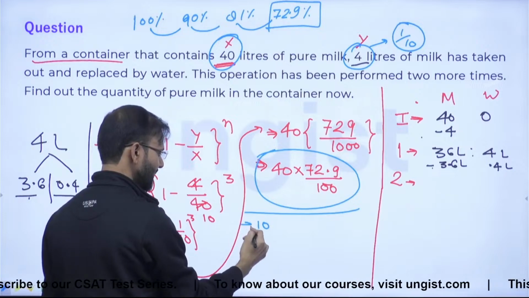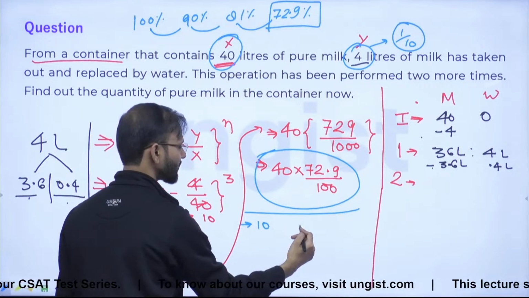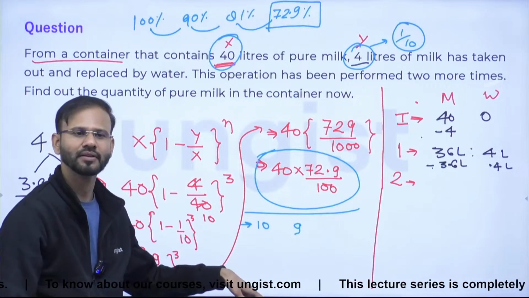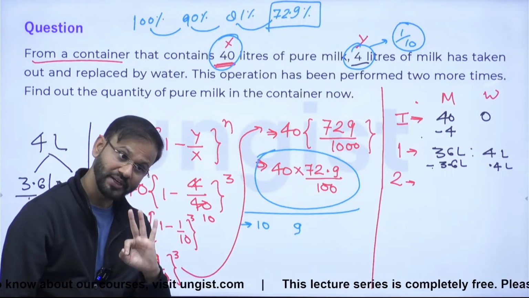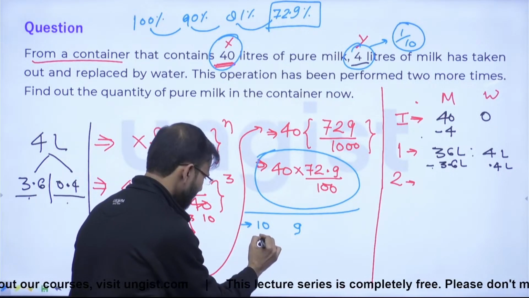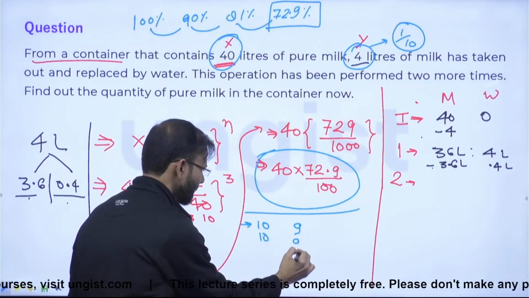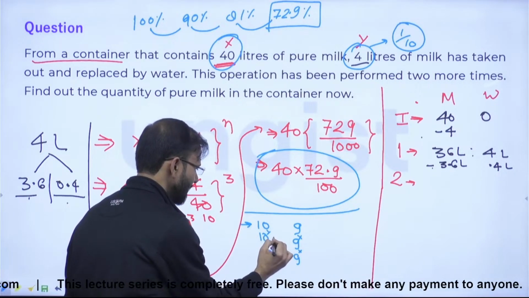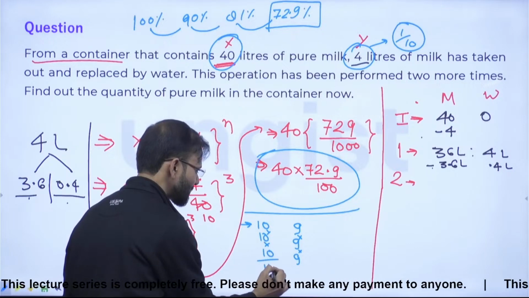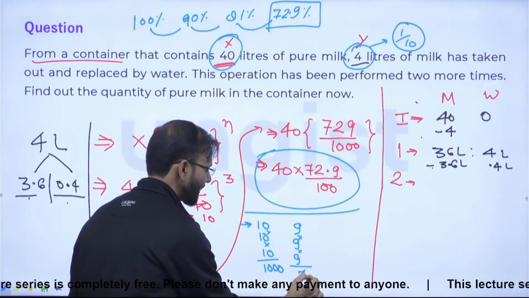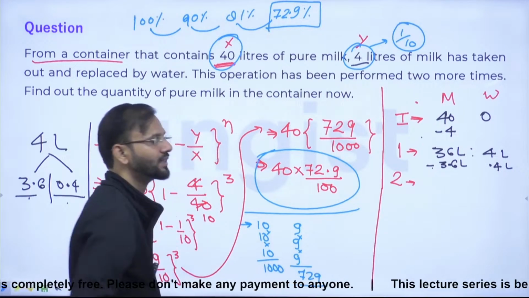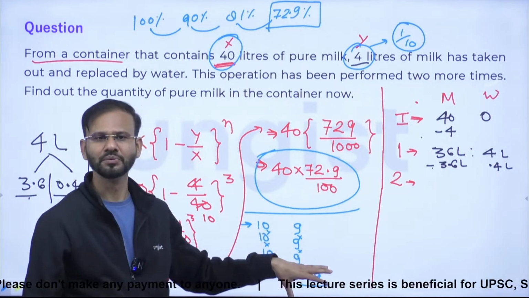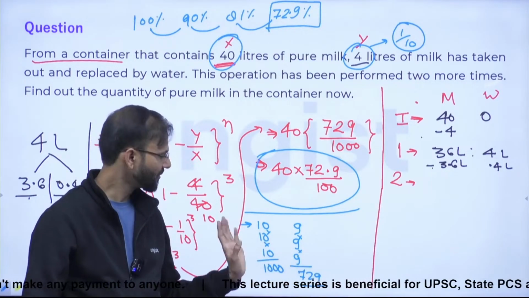So 10 will become 9 after reducing 10%. And the operation is being performed 3 times. So actually, if you assume the initial value as 1000 liters, then the final value will become 729 liters. Or it is nothing but 72.9% of the actual value. Guys, yes or no?